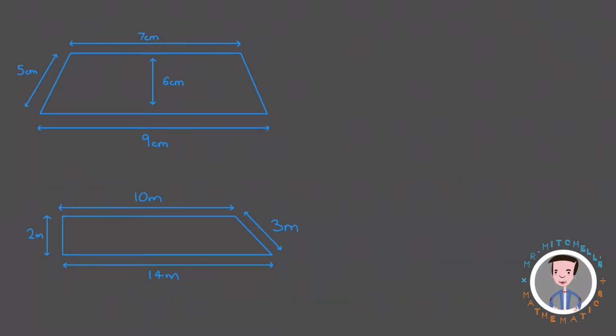So why don't we start with the one in the top left-hand corner. In this case, 7 centimeters and 9 centimeters are the two parallel sides, so we need to add those together and divide it by 2. We then need to find the height and times it by it. In this case, that's the 6 centimeters, which we add on here.